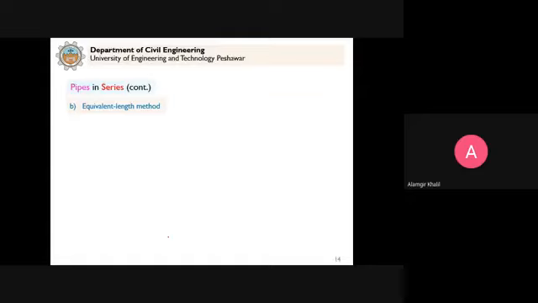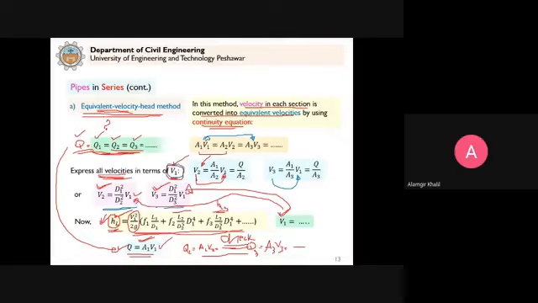Now next we consider the equivalent length method. The first method was the equivalent velocity head method. The second one is the equivalent length method.